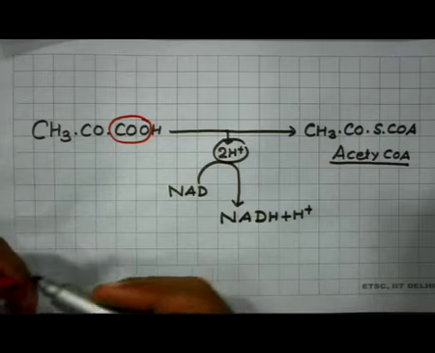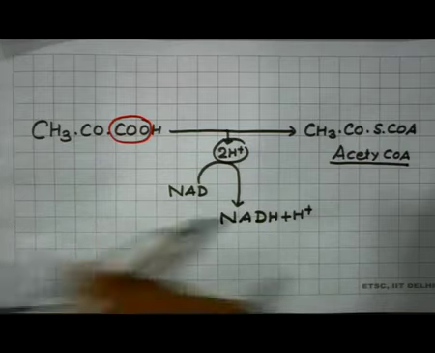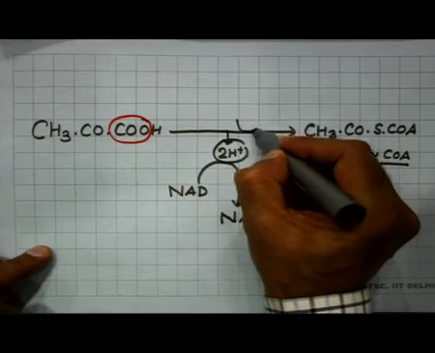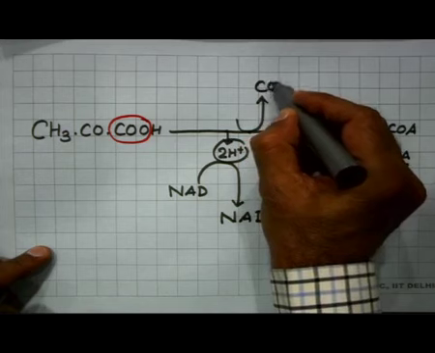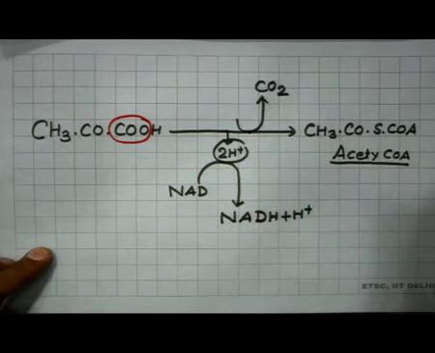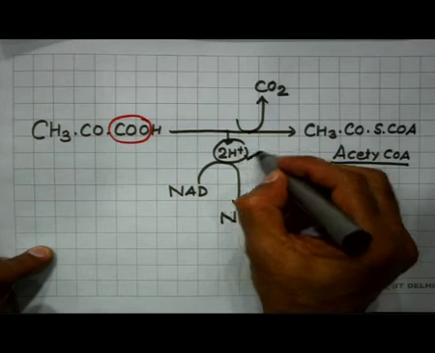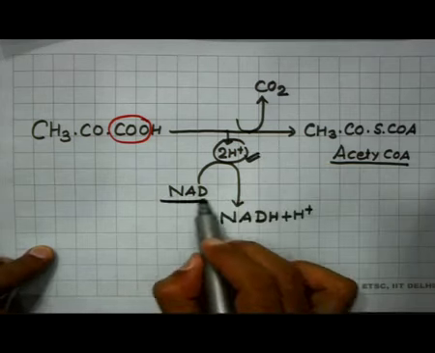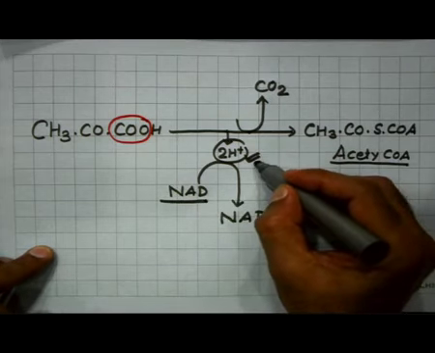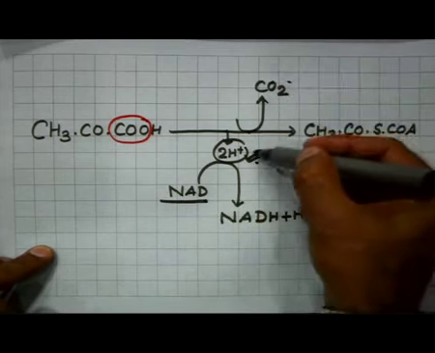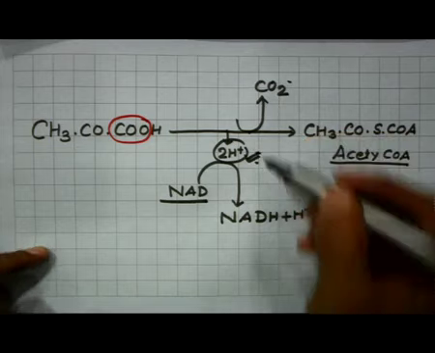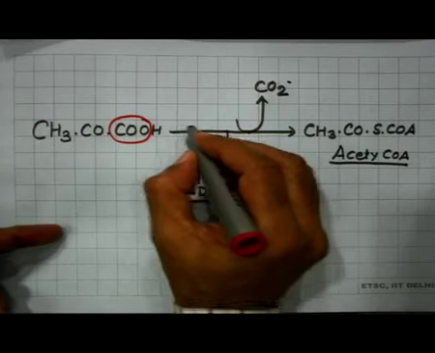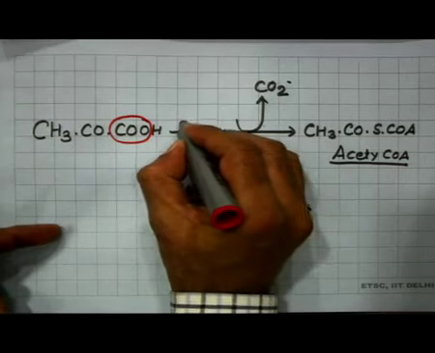So, two reactions are going on. First, removal of carbon dioxide, and this process is called decarboxylation. Second, removal of a proton, that is hydrogen, which is accepted by NAD, and this process is called reduction. So, decarboxylation and reduction take place. The enzyme used for this is called the dehydrogenase complex.